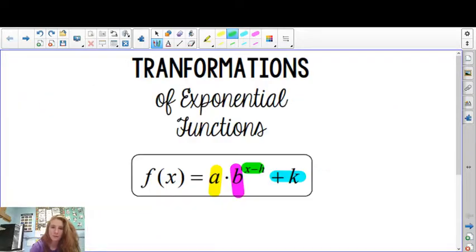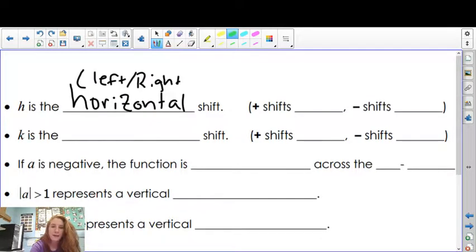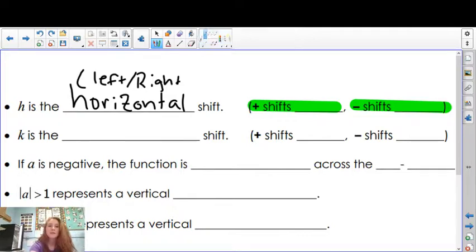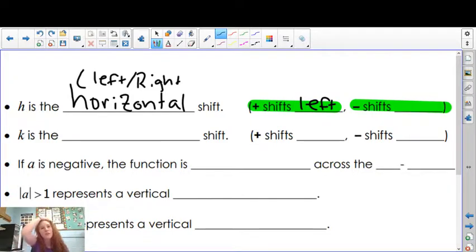If I see a plus, so this would be a hint, maybe write it, star it, something, we're going to actually shift to the left. We're going to go opposite, just like with our conic sections, if I saw inside parentheses stuff went opposite, same thing here. If I see a minus, I'm going to go to the right.